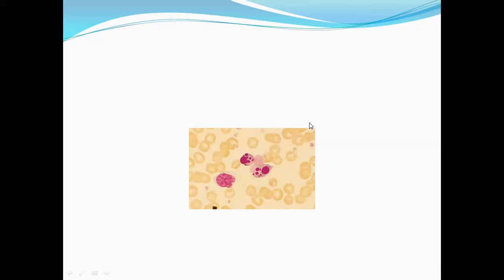Then by gentle inversion 8 to 10 times, you have to gently invert without shaking. That is the proper mixing way. You should not shake the blood, but gently mix by inverting the tube 8 to 10 times. Or you can roll it between your palms to mix the blood there.